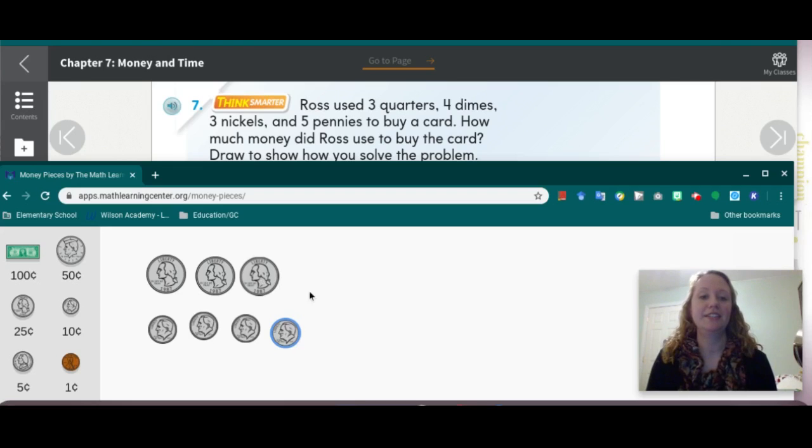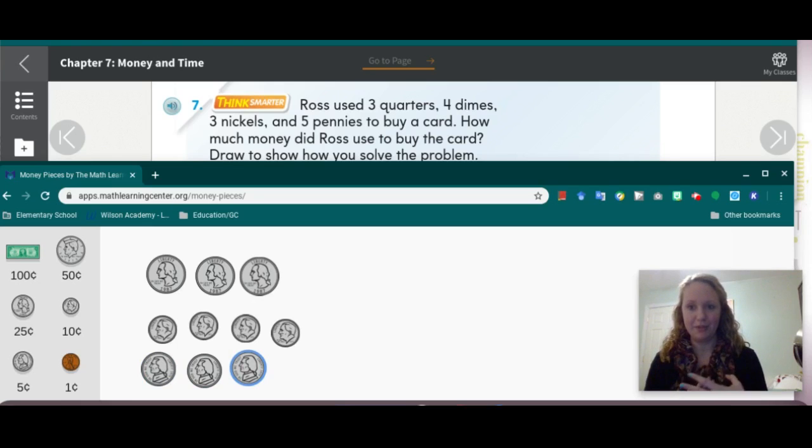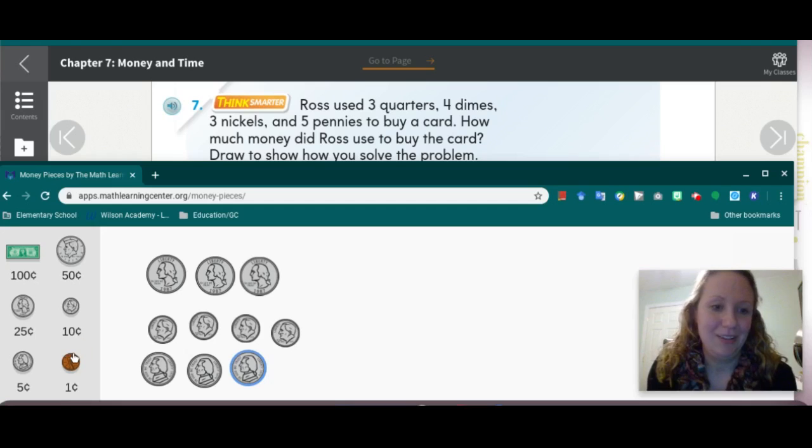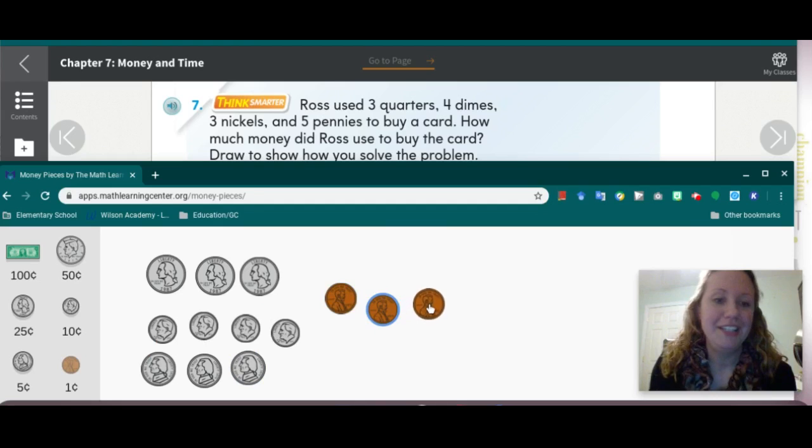Now I need to add my 3 nickels. 5, 10, 15. I'm counting by 5s for the nickels, remember, because a nickel is worth 5 cents. Let's add our 5 pennies. 1, 2, 3, 4, 5.